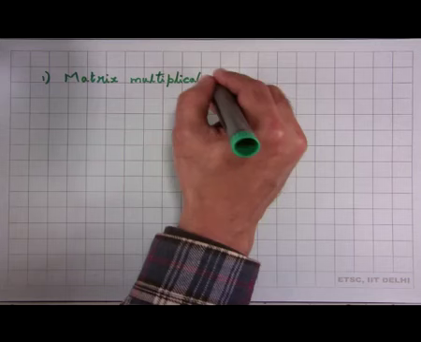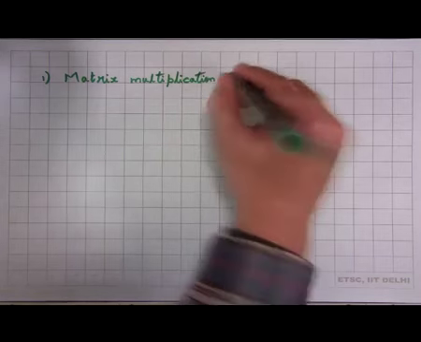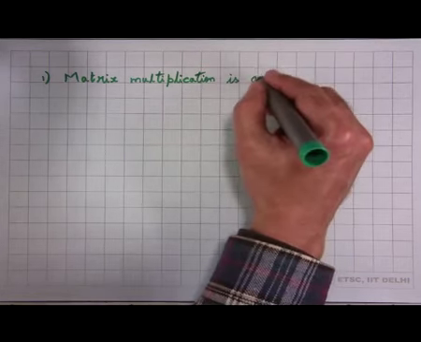First one, matrix multiplication is associative.